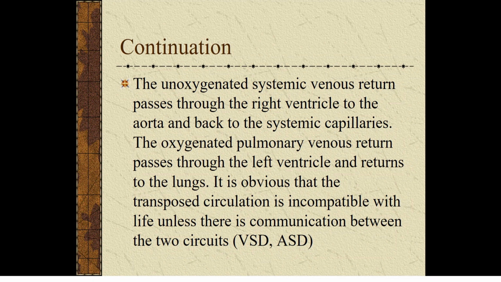The unoxygenated systemic venous return passes through the right ventricle to the aorta and back to the systemic capillaries. The oxygenated pulmonary venous return passes through the left ventricle and returns to the lungs.